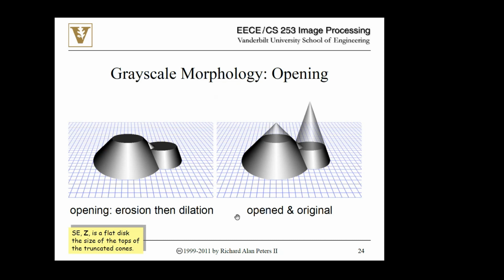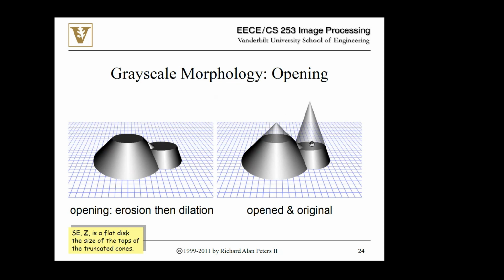So opening. So opening is erosion, then dilation. First you erode, and then you dilate. You remember from yesterday that the opening was always contained in the original. So here it seems to be, the opening is this one, with the plateau.